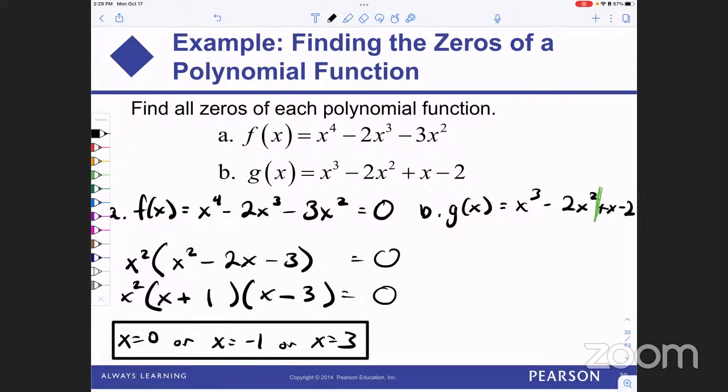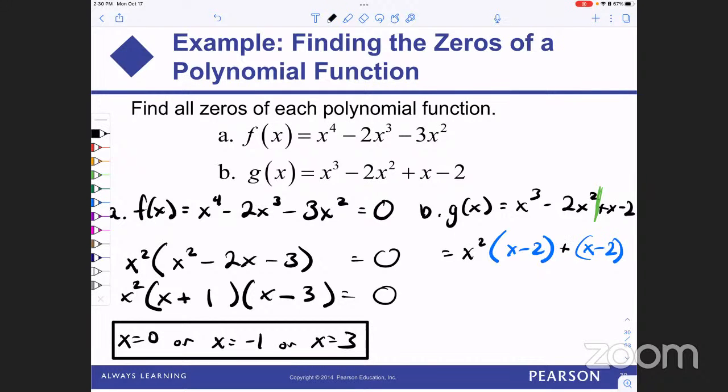If I consider the first 2 and factor out the greatest common factor, it looks like we can factor out an x squared from both of those. And it looks like we're going to be left with x minus 2. Notice I think we have another x minus 2 over here that's persisting.